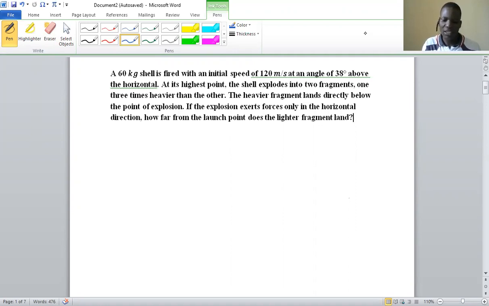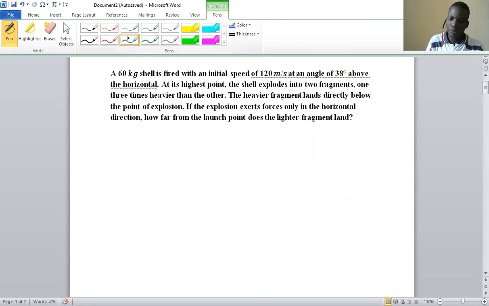At its highest point, the shell explodes into two fragments, one 3 times heavier than the other. The heavier fragment lands directly below the point of explosion. If the explosion exerts forces only in the horizontal direction, how far from the launch does the lighter fragment land?